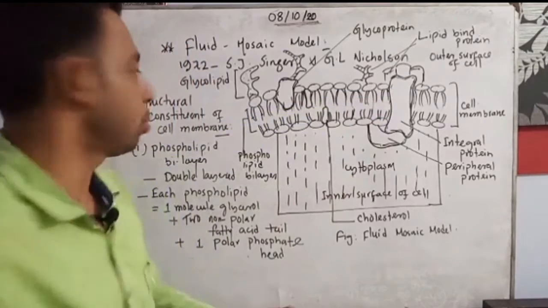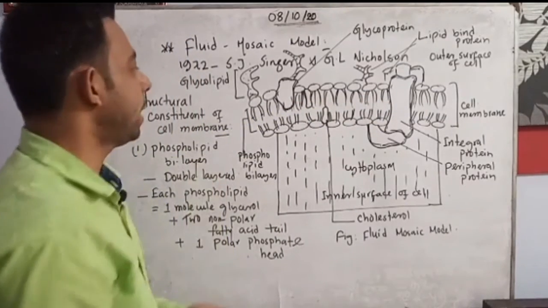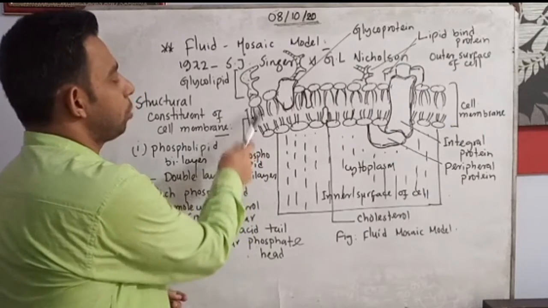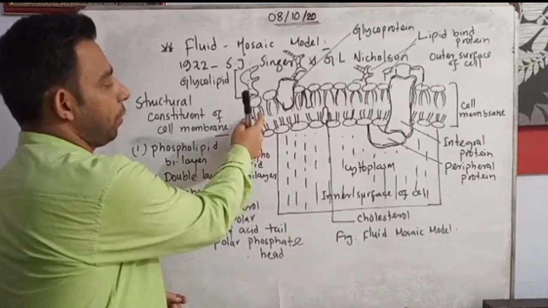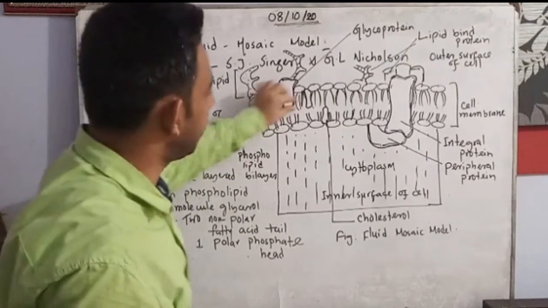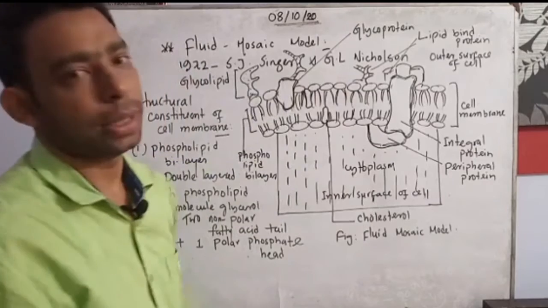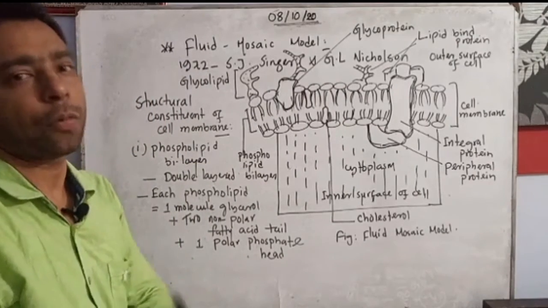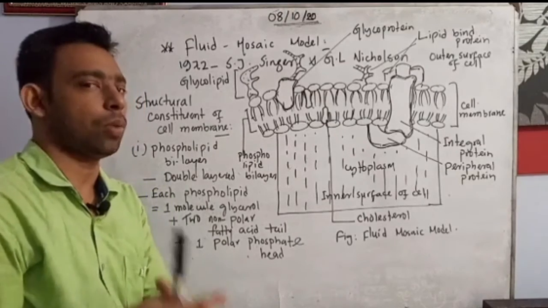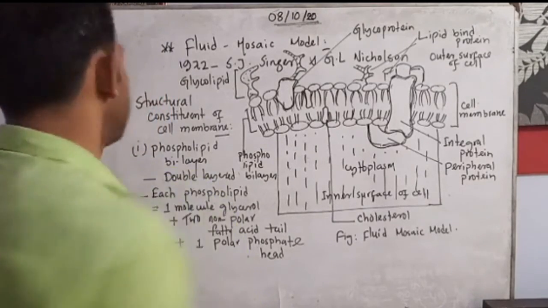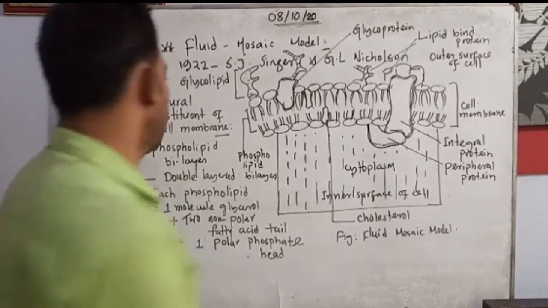So I think you understood this one: the phospholipid bilayer is double layered, and the phospholipid has nonpolar fatty acid tails and a polar phosphate head, with 1 molecule of glycerol in between. So that is the first constituent, I think you understand. Now we'll go to the second constituent. Okay, let's go.